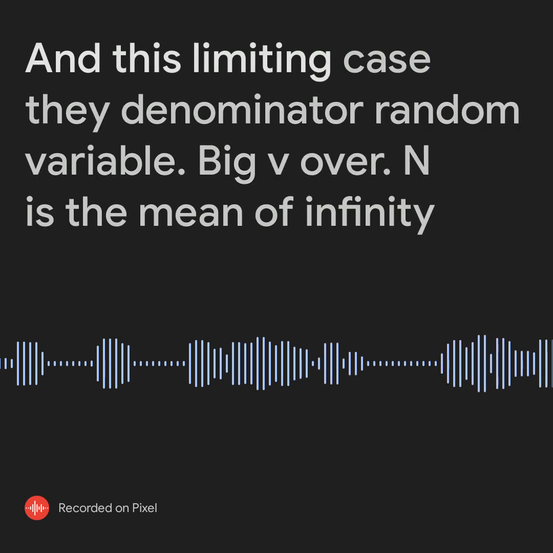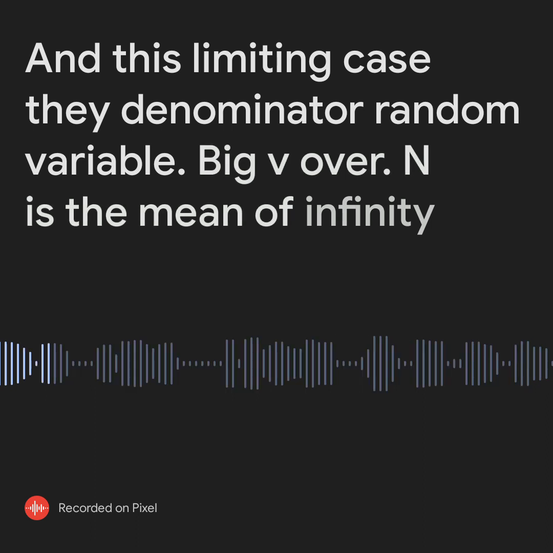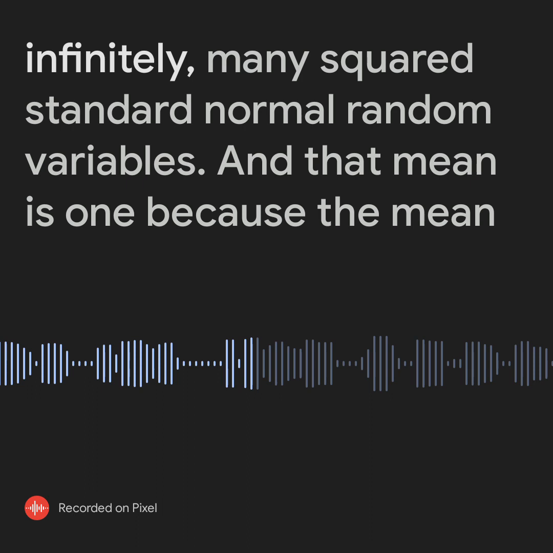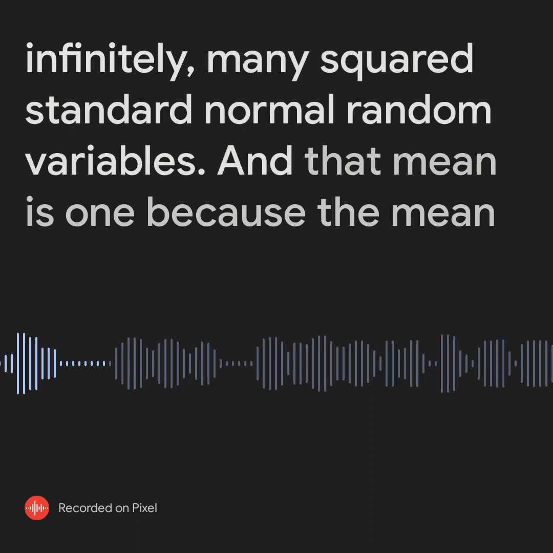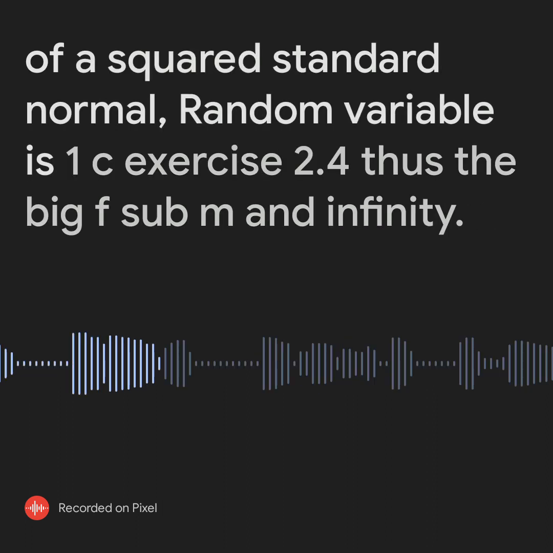In this limiting case, the denominator random variable big V over n is the mean of infinitely many squared standard normal random variables, and that mean is 1 because the mean of a squared standard normal random variable is 1.